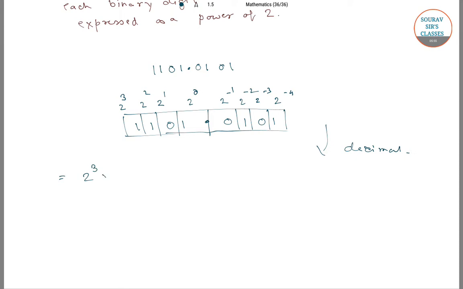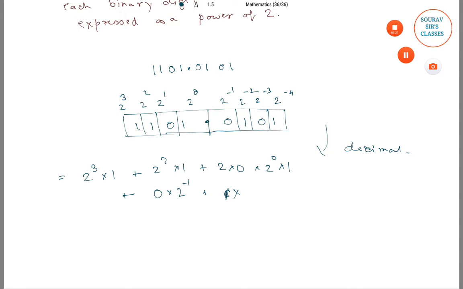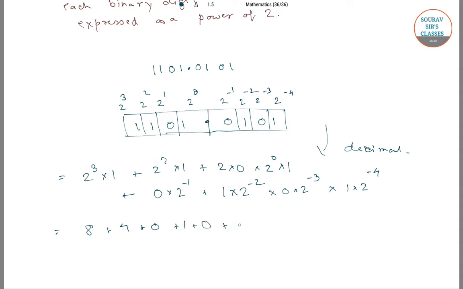So it would be equal to 2 cube into 1 plus 2 square into 1 plus 2 into 0 plus 2 raised to the power 0 into 1 plus 0 into 2 raised to the power minus 1 plus 1 into 2 raised to the power minus 2 plus 0 into 2 raised to the power minus 3 plus 1 into 2 raised to the power minus 4, which is equal to 8 plus 4 plus 0 plus 1 plus 0 plus 0.25 plus 0 plus 0.0625, which, if we add them, we will get 13.3125.